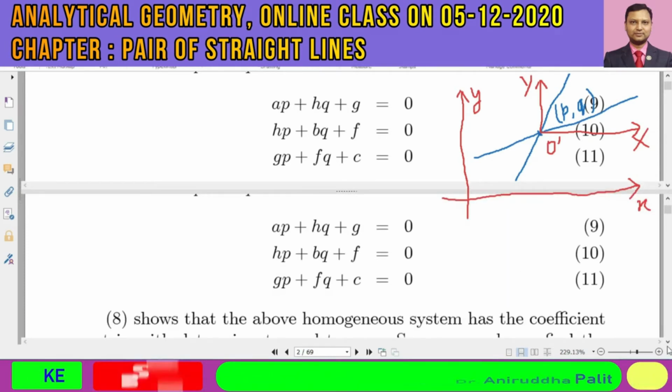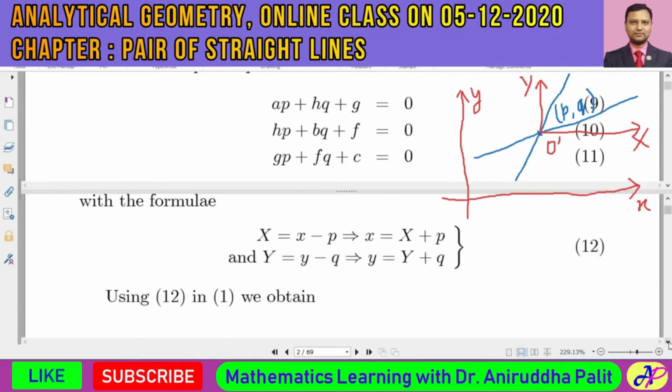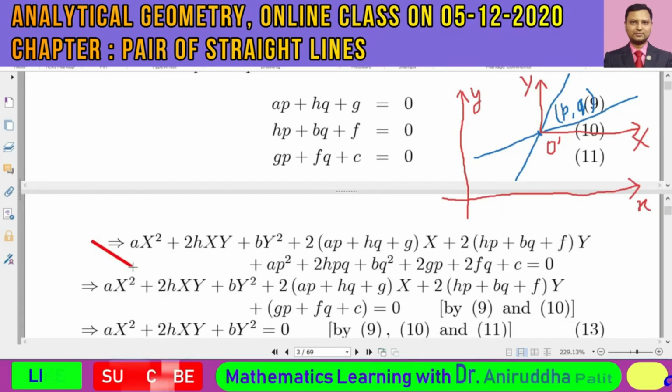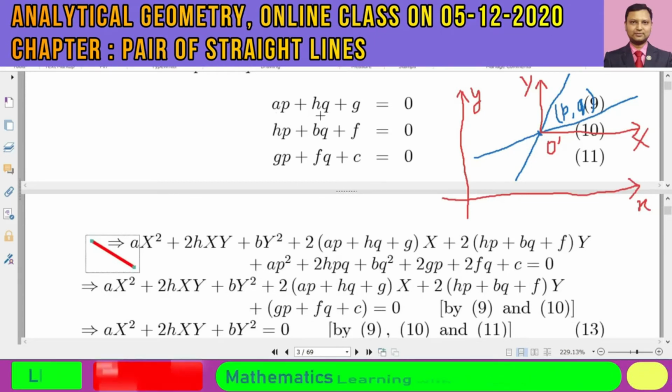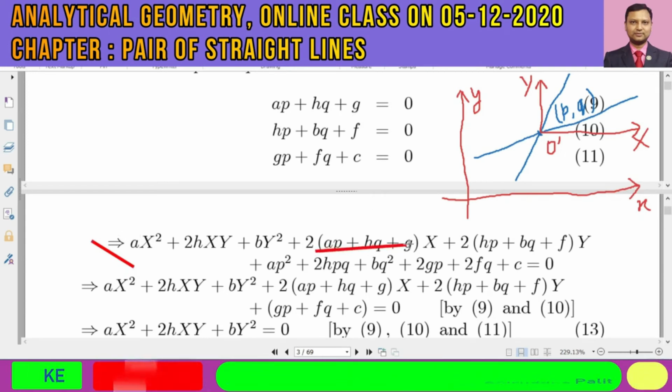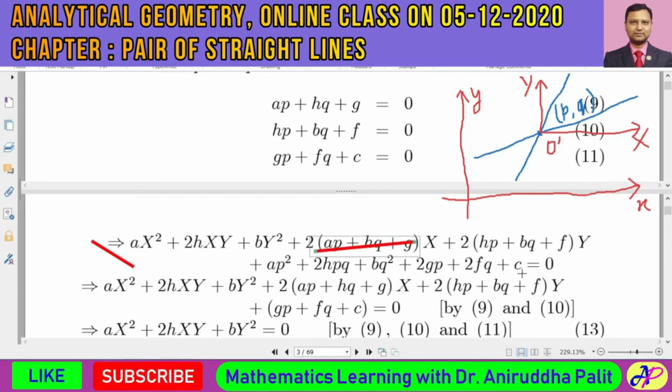And now over here you see we got this result. And over here a p plus h q plus g is equal to 0. So this term would be equal to 0. Therefore, no X related term would be present in this equation.